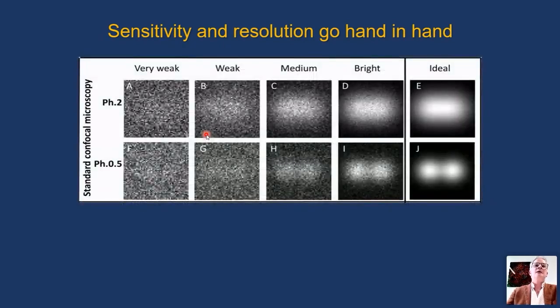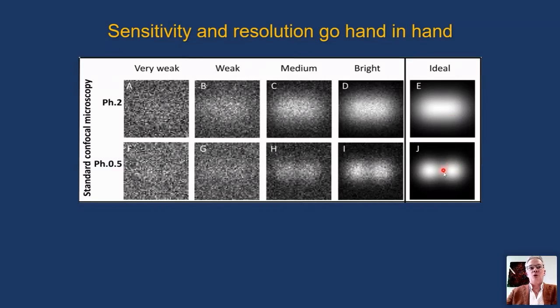That is that sensitivity and resolution are completely different things, but they go hand in hand. There is no resolution without good sensitivity and the other way around. I will explain it here. Here you see two images, a high resolution and a low resolution, made with a confocal microscope.